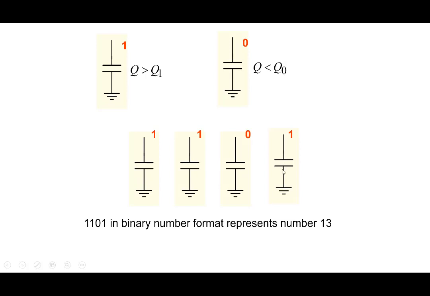All right, let's go a little bit deeper into this. Each capacitor basically stores 1 bit of information. The charge on this capacitor could be 0 or non-zero, and therefore it indicates whether the value is 0 or 1. So one capacitor will provide you with 1 bit of information.